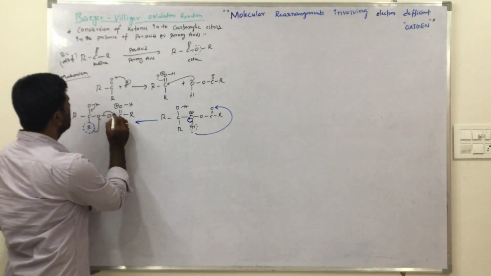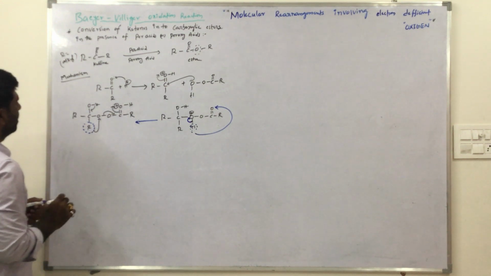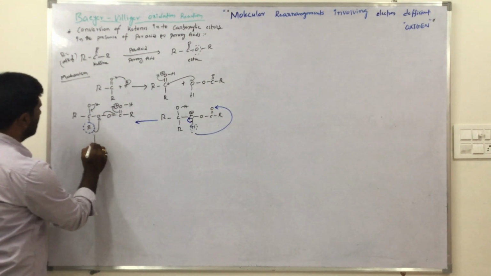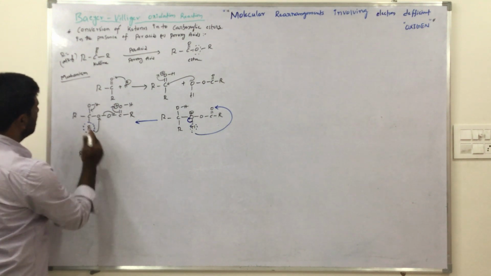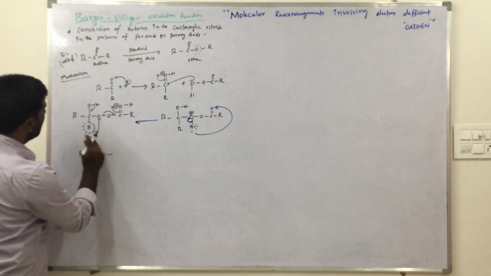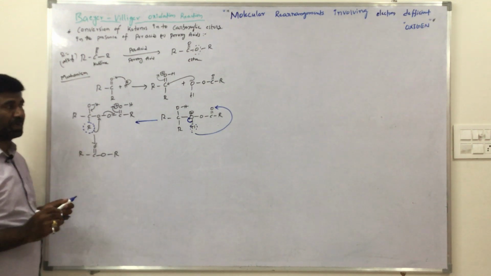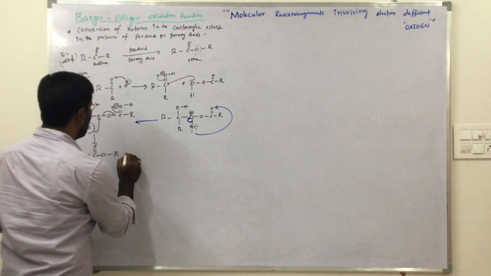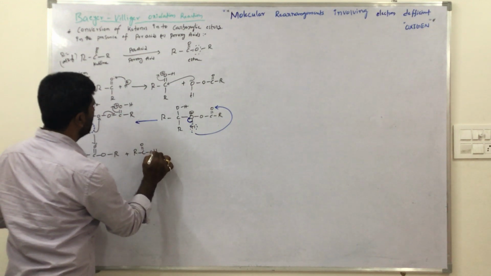Now, what happened? R bond C double bond O, oxygen and the newly attached R group, plus R bond C double bond O, OH.